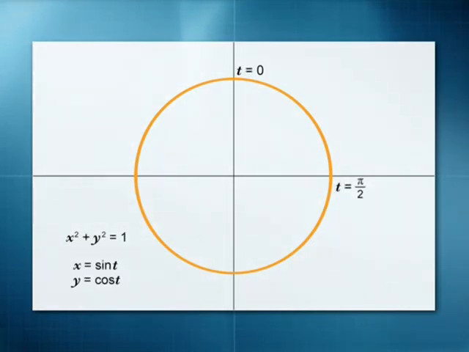Now x is sine of pi over 2, or 1, and y is 0. So we're over there on the positive x-axis, aren't we? The orientation here is clockwise. In the previous problem we did earlier in this lecture, the orientation was counterclockwise. We've kind of flipped the orientation by flipping the roles of sine and cosine. Kind of curious, isn't it?